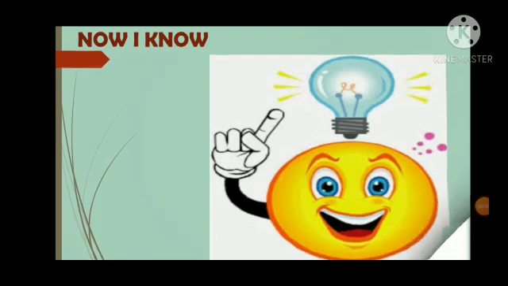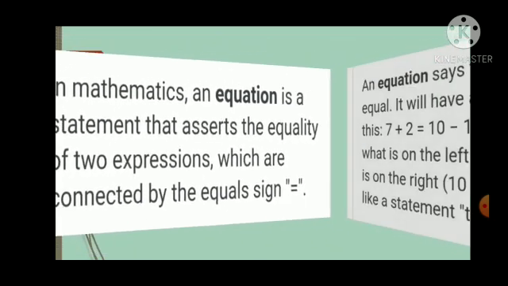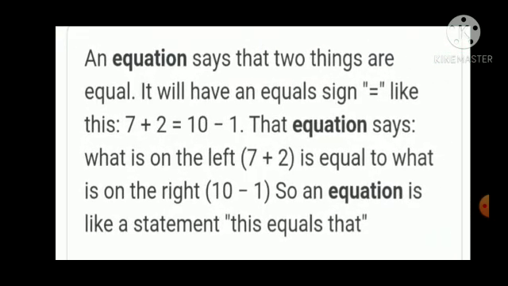Now I know. In mathematics, an equation is a statement that asserts the equality of two expressions which are connected by the equals sign. An equation says that two things are equal. It will have an equals sign like this. Children, here one example is given. 7 plus 2 is equal to 10 minus 1.